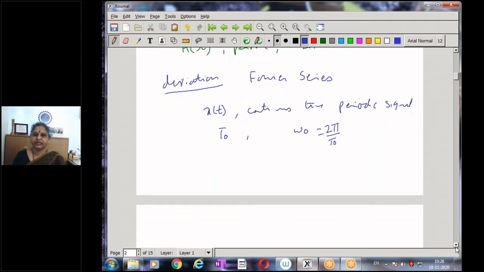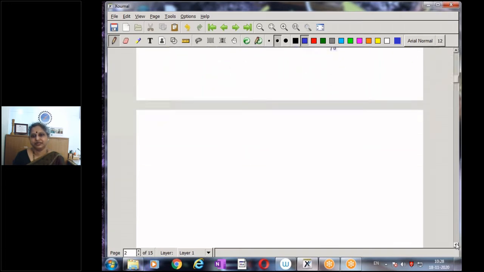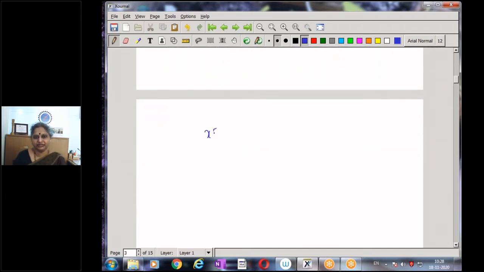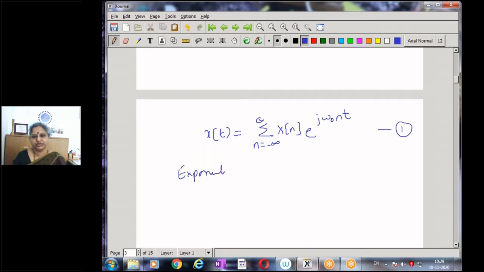Then the Fourier series gives us that we can represent this signal x of t as the sum of c of n e to the power of j omega naught n t. This is the Fourier series representation, also known as the exponential Fourier series.